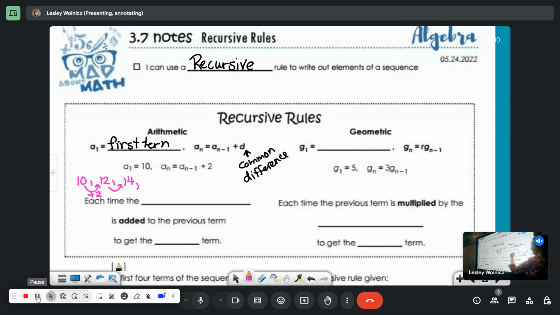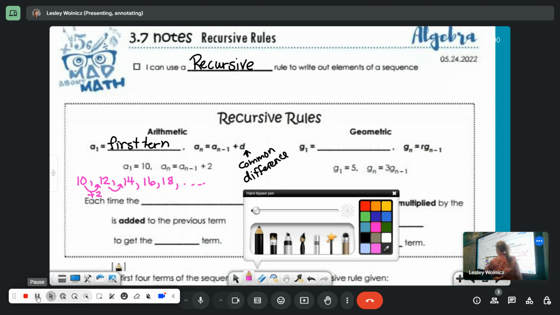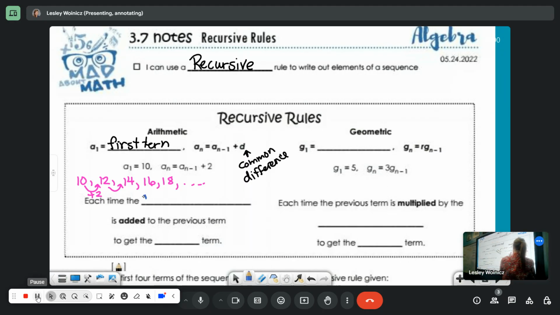And then I add 2 again, and I can keep going and going. I could keep going forever if it's infinite. Easy enough? Okay. So each time our common difference is added to the previous term to get our next term.